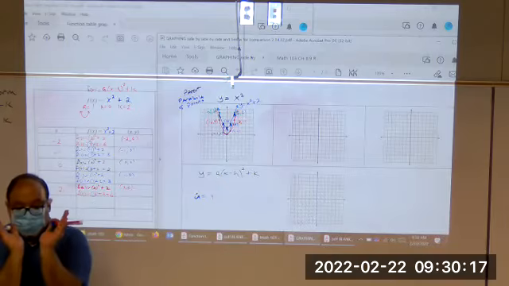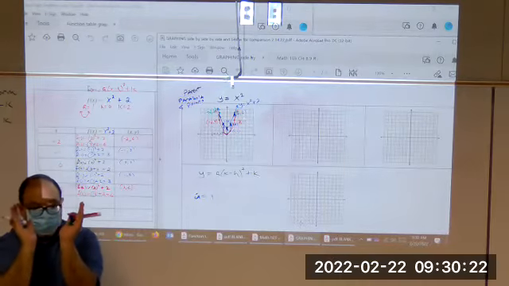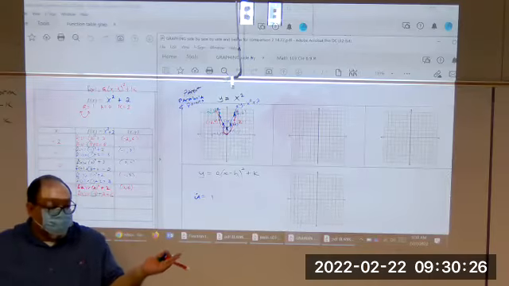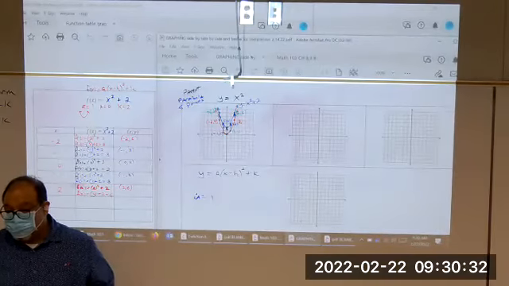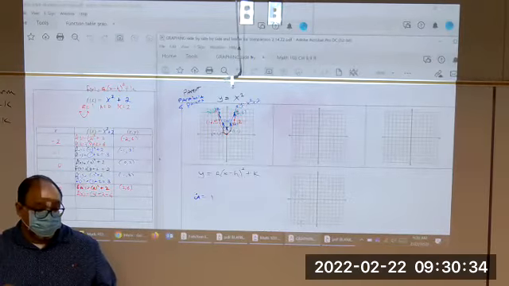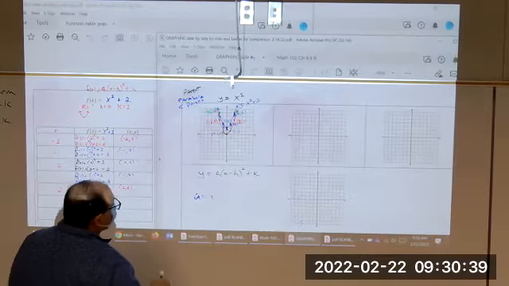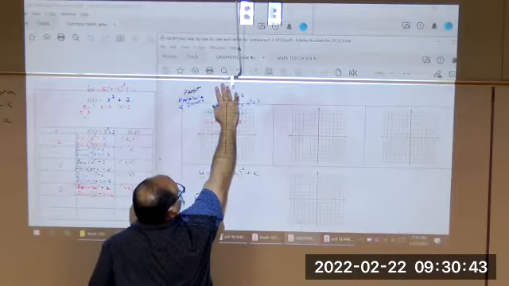It's like you took that parabola and shifted it up 2 units. It remains the same parabola, it's just moved to a different spot. That's what K does. K is the vertical shift of the parabola. So since K is a 2, everything gets pushed up 2.